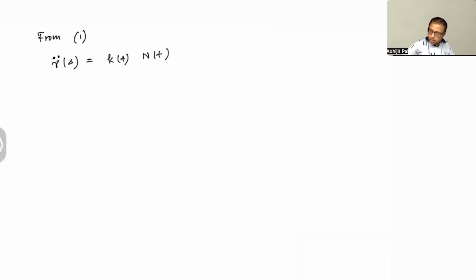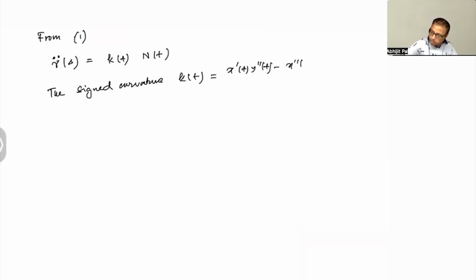So the sign curvature in terms of t is given as follows: x prime t y double prime t minus x double prime t y prime t, divided by x prime t square plus y prime t square whole to the power 3 by 2.